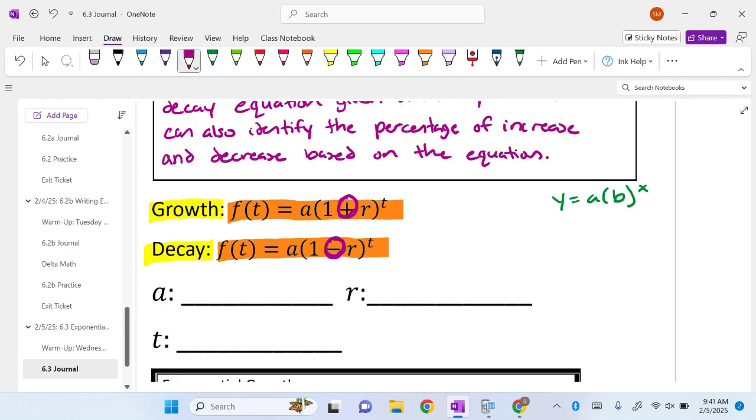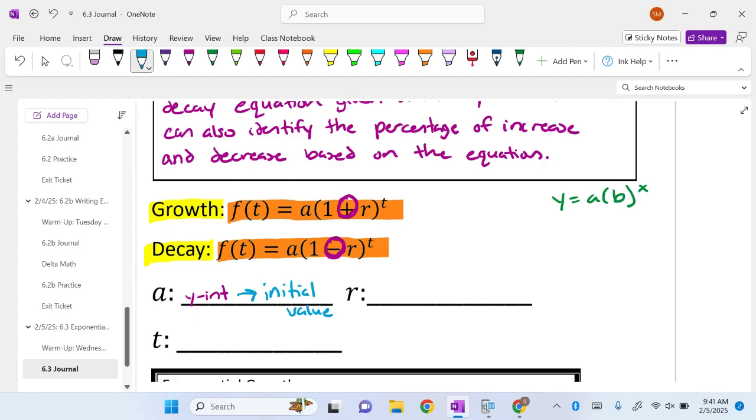If you were looking at an exponential growth or decay graph, the A value would still be the y-intercept. However, in terms of the problem, your A value is going to be your initial value, the value that you started with. So how much money you put in the bank account originally, what your population was originally before any time has passed. That's what your A value in context will be used as. It's your initial value.